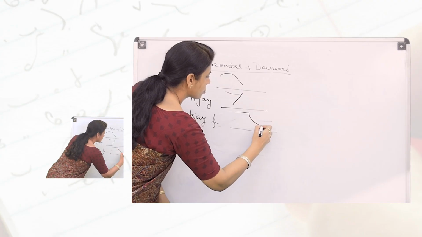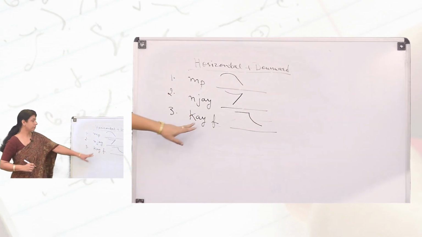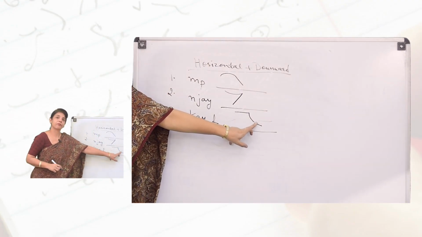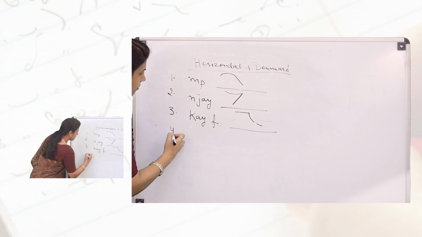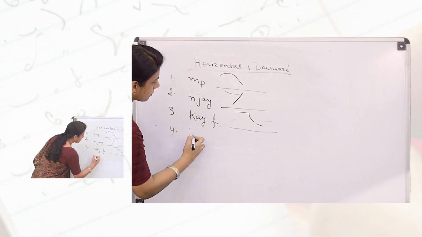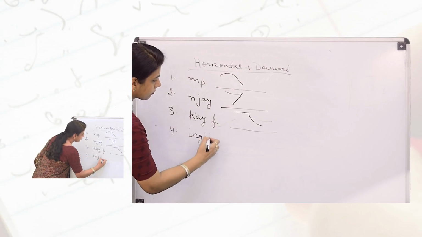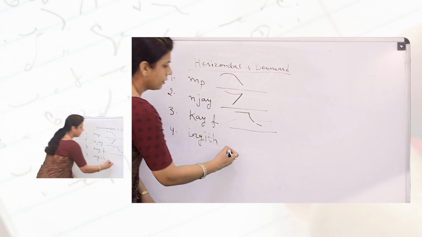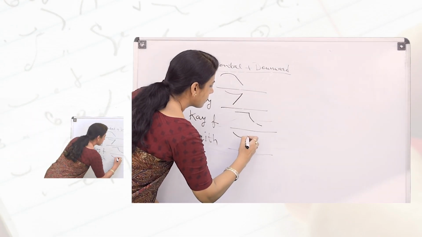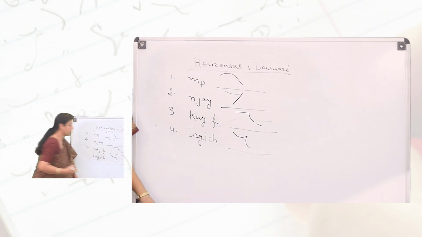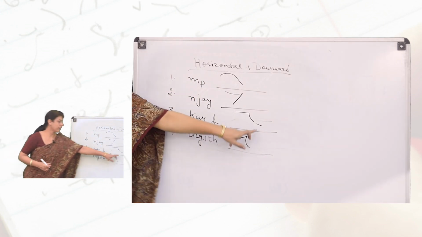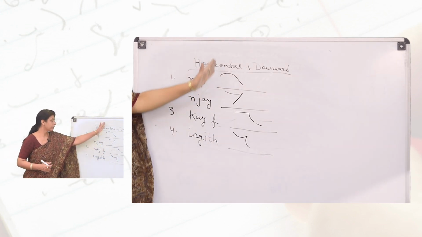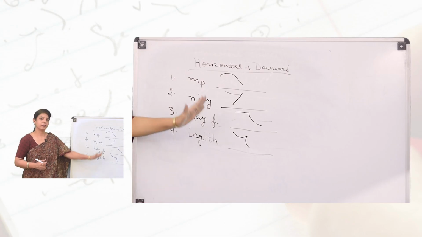Both the consonants should be above the line. So this is K and F. Let's take one more example with ing. Ing, it. Both the consonants should be above the line. So this is ing and it. So this is horizontal plus downward.